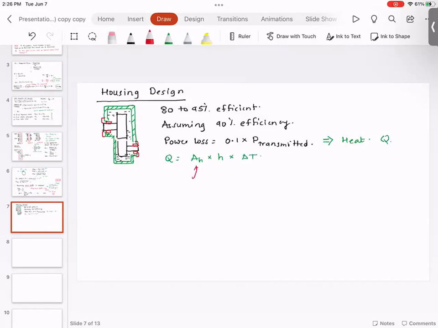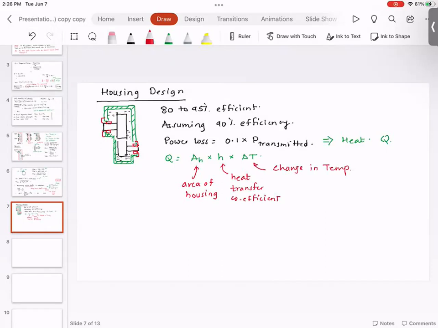This is the area of housing, heat transfer coefficient, and change in temperature.